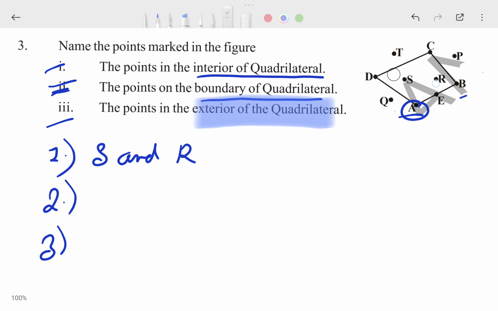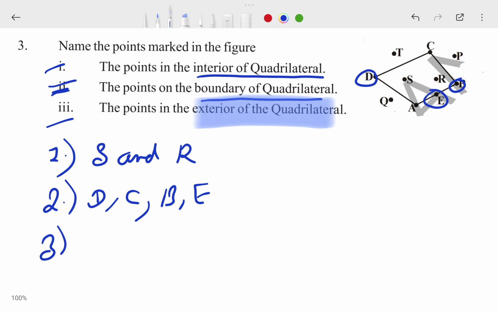In this figure, D is on the boundary, write D. C is also on the boundary. After that, B is on the boundary, write B. E is also on the boundary, and you can write that A is also on the boundary. That's over, so it is completed.